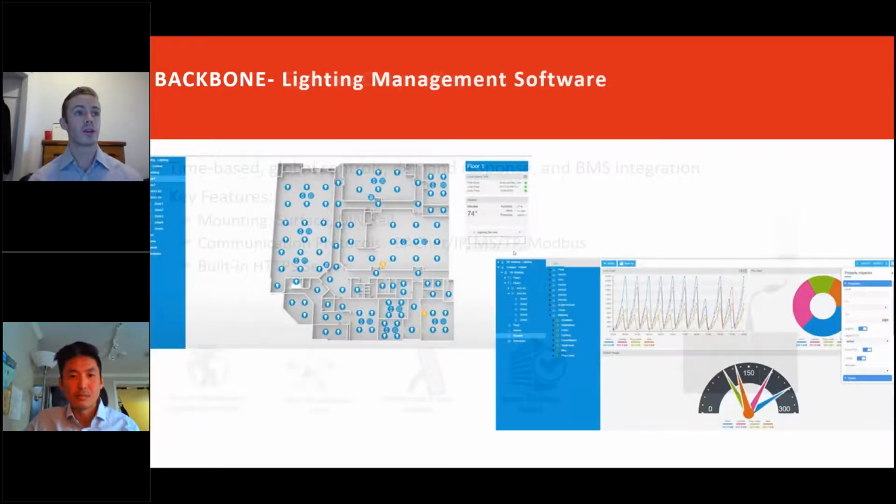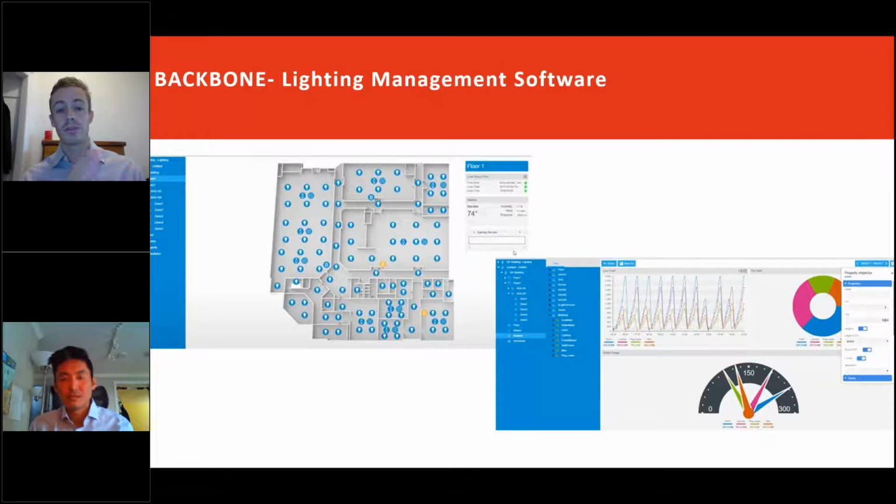So next, we're going to move on finally to our software. Like we mentioned, since our system controller is connected to the local IP network, we are able to run a lighting management software on a computer connected to the network.